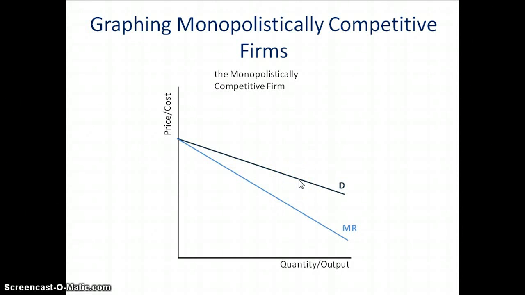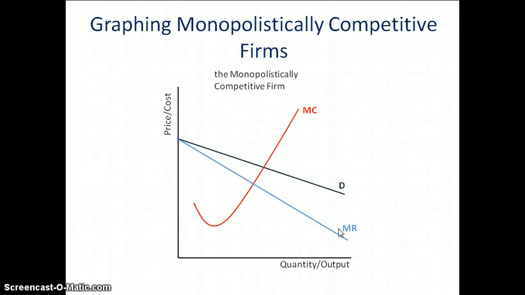We're going to make our marginal revenue curve touch our demand curve only at the point where they meet the vertical price axis, and then slope downward twice as quickly as the demand curve does. So in that respect, it's similar to a monopoly as well.